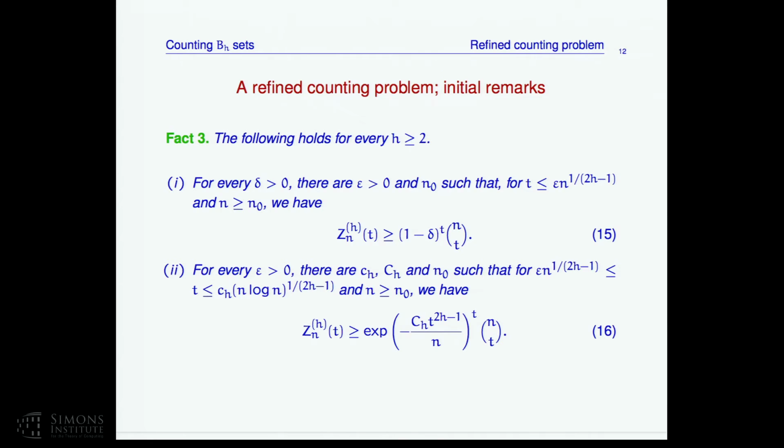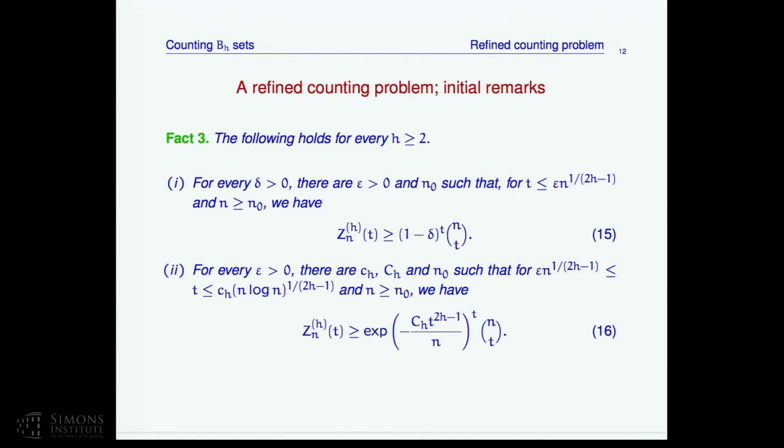But as you make t bigger, or the constant bigger, the base of this exponential goes to 0. Up to the point in which, since we're allowed to take t some polylog times the power of n, you even get some power of n as a base of this exponential in this lower bound. So again, as you make t bigger, this lower bound gets worse and worse. And that's what we have for the lower bound.